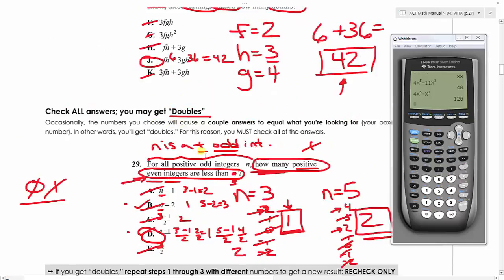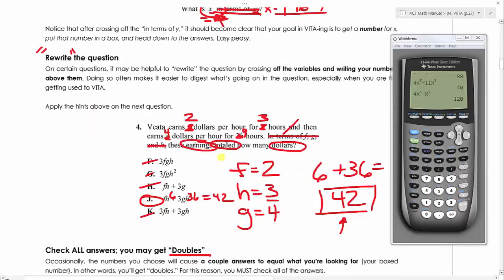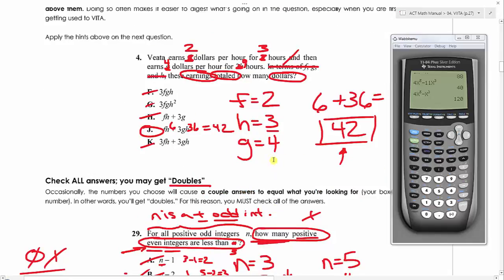The poor VITA, who's making only $2 an hour, this question was actually a very good example of one where we had 3 variables, F, H, and G, and we could just throw in whatever the heck we wanted for them, 2, 3, 4. It didn't matter. These variables did not depend upon each other. It wasn't like when I threw in 2, I immediately know that H had to be 3 and G had to be 4.